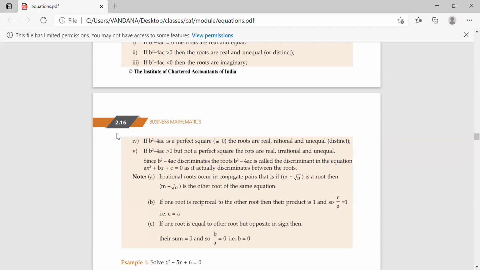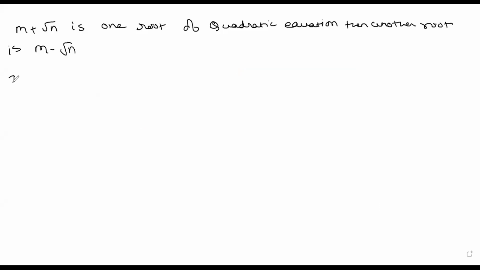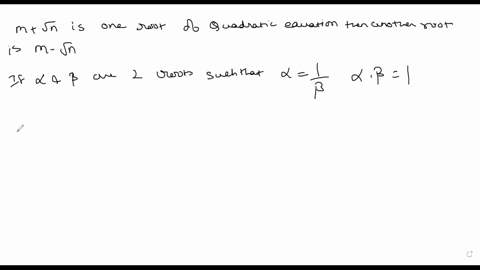If one root is reciprocal of the other, then their product is 1. And if one root is negative of the other, then their sum is 0. So if alpha and beta are two roots such that alpha equals 1 by beta, that is, the roots are reciprocal of each other, then their product is 1.